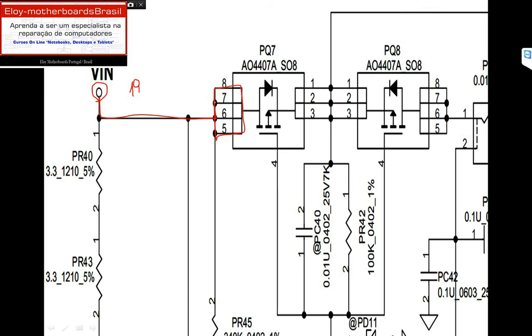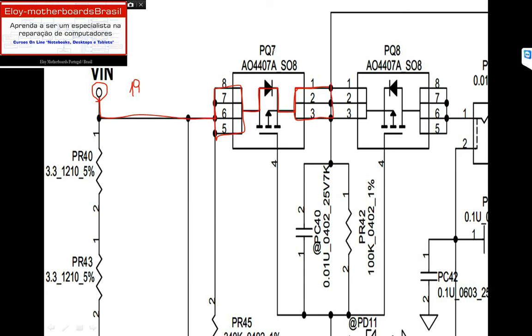The same signal on 4 pins, common drain, and it will be present on the diode. As the diode will not make any barrier, any wall right here, the voltage will pass with no problem to the source. This is the source of PQ7.